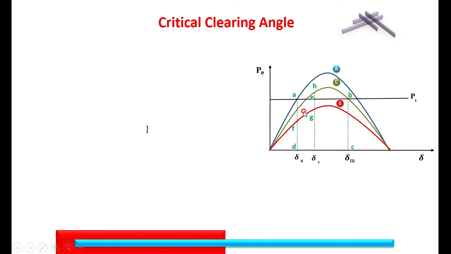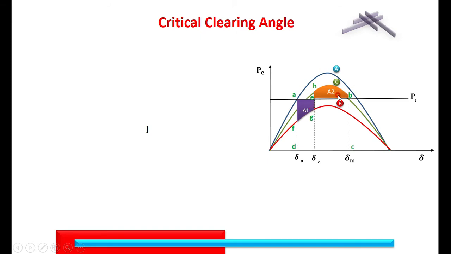Therefore, we are getting two areas here. The area A1 is the acceleration area, whereas A2 is the deceleration area for the generator. The system is stable where A1 is equal to A2. If you are clearing the fault somewhere here, then A1 is increasing, however A2 is decreased.